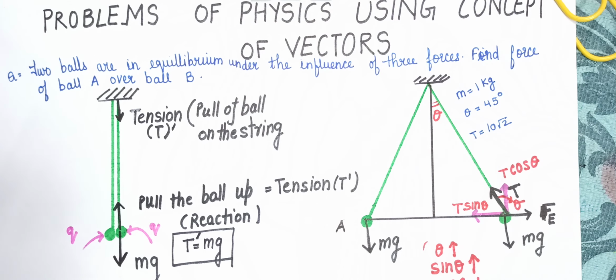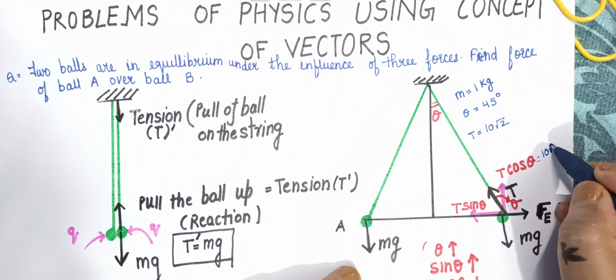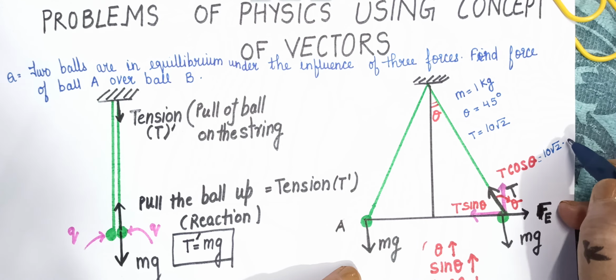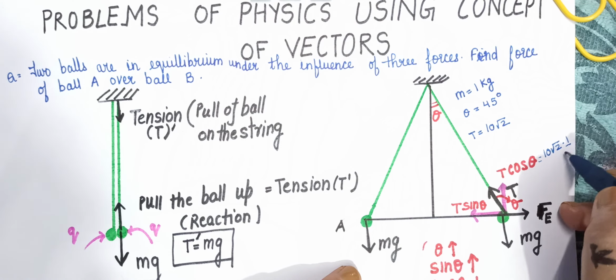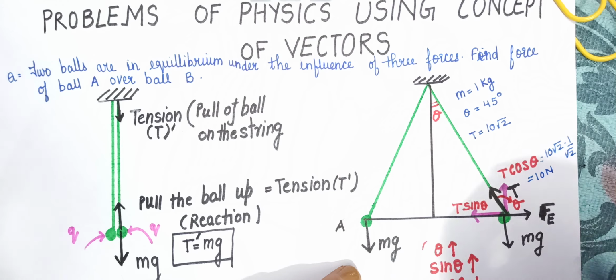So let me substitute these values here, and T cos theta will become 10 root 2 times cos 45, which means 1 upon root 2. So it is 10 Newton.